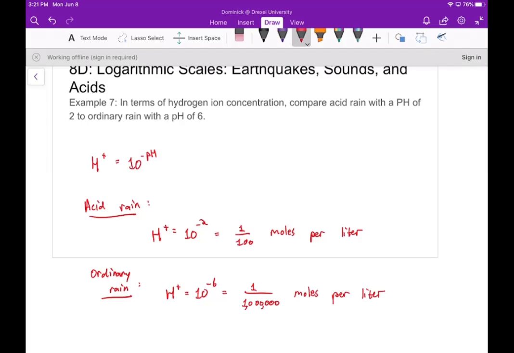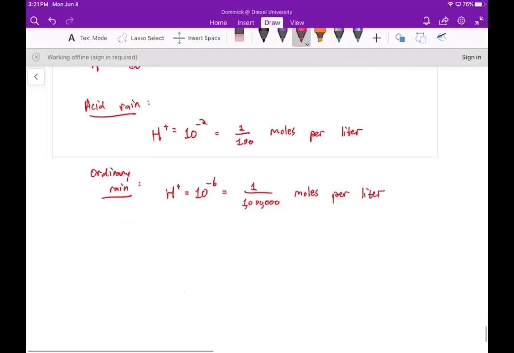So now we can finally say that if we compare these two, if we look at the acid rain over the ordinary rain, if we do 10 to the minus 2 over 10 to the minus 6, using your exponent rules, you're going to get 10 to the 4th, which is 10,000.